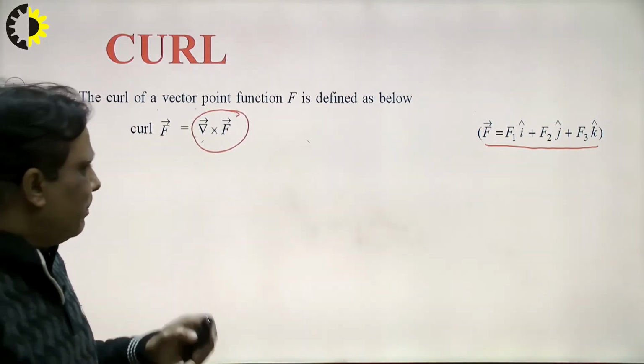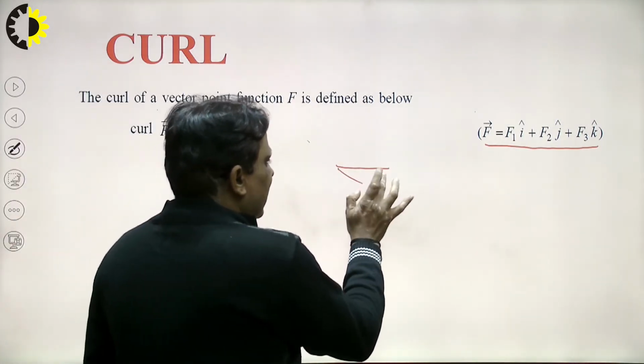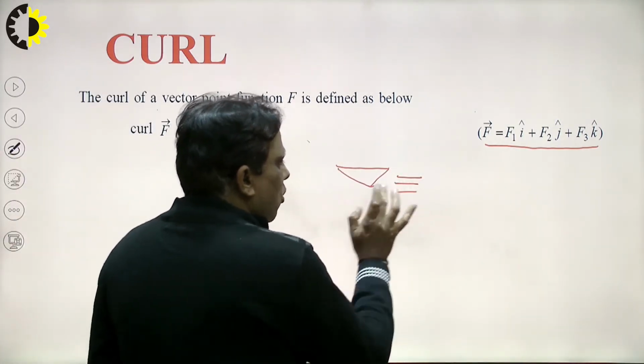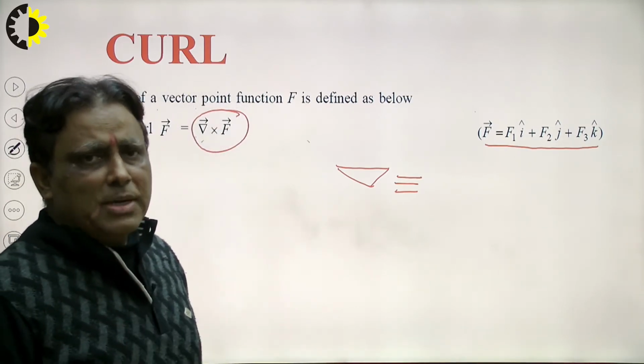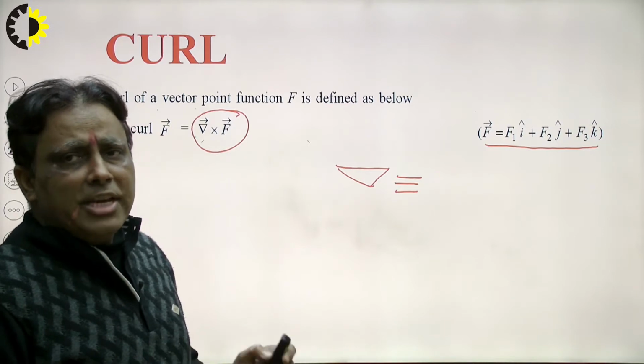What is del? In the previous lecture I explained what del is. Del means the derivative with respect to the components x, y, z along the vectors i cap, j cap and k cap.